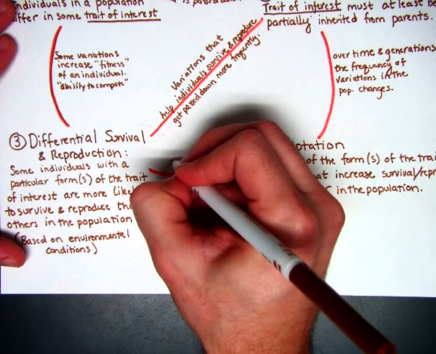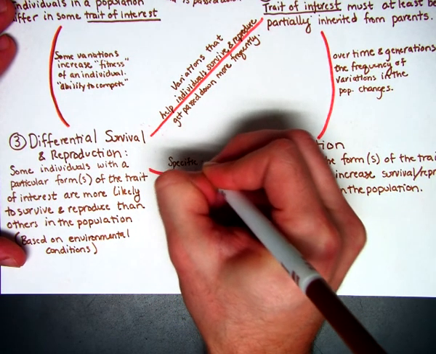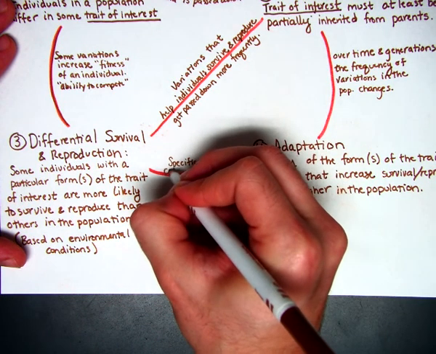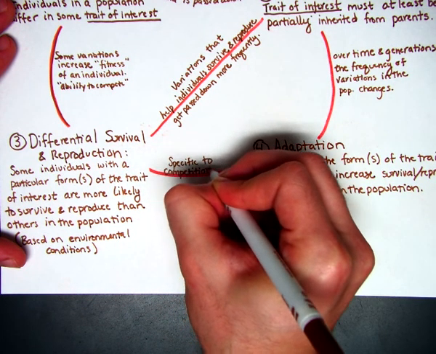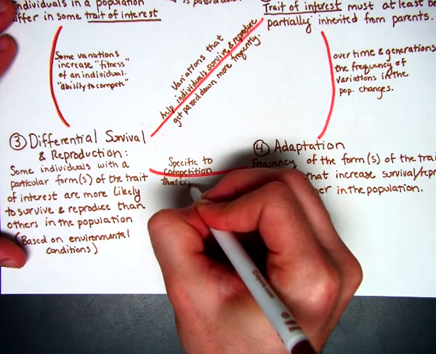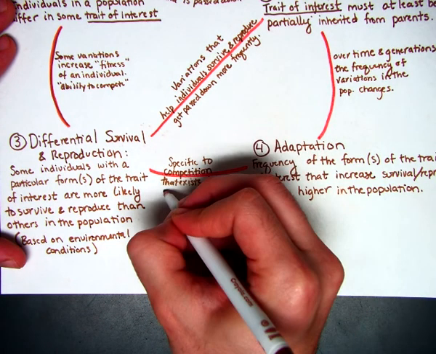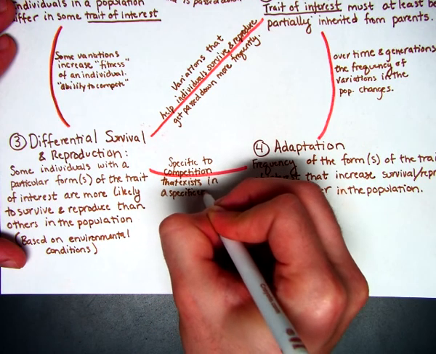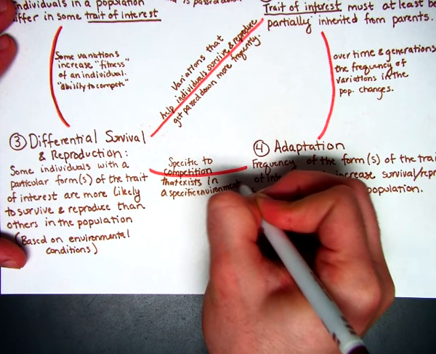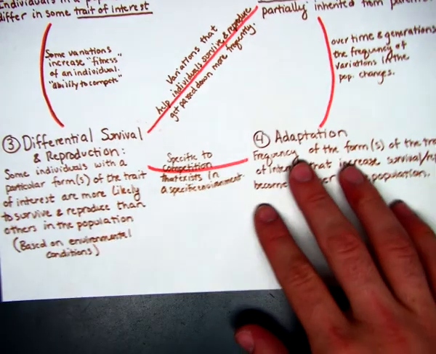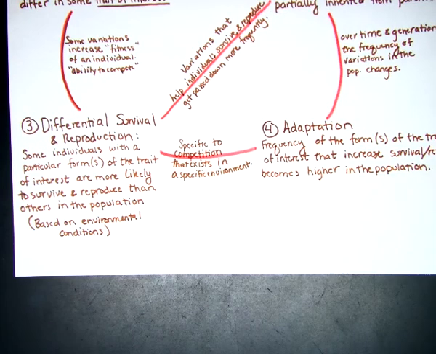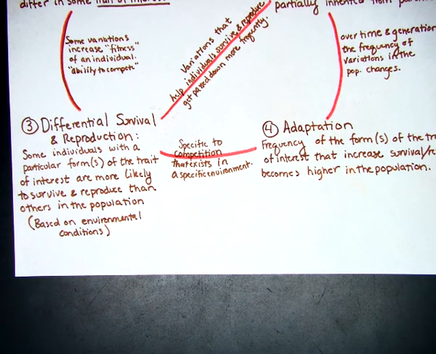Again, this is specific to the competition that exists in a specific environment. Right? Meaning that the adaptation to a particular area of competition in environments might not be beneficial in a different environment. Right? Adaptations, they don't transfer.